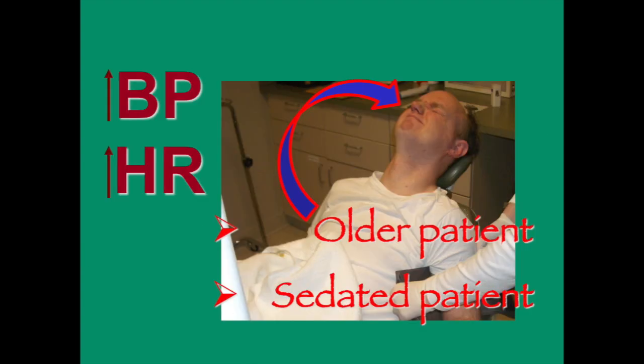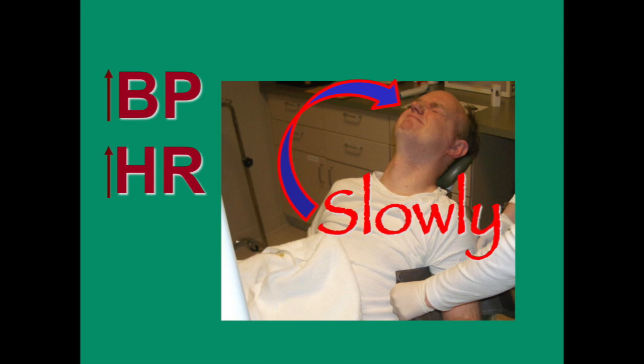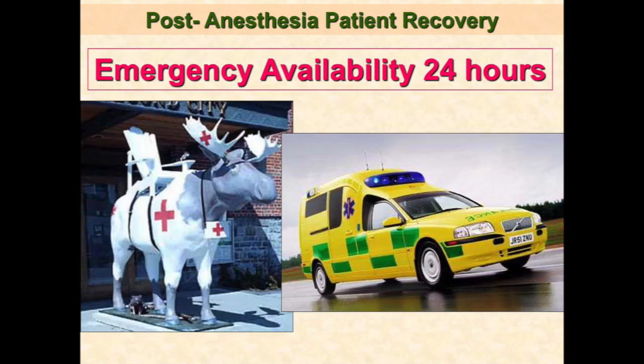So your older patient and your sedated patient are going to have blunted baroreceptors and will potentially have orthostatic hypotension, which can lead to them passing out or developing nausea and vomiting and possibly aspiration. So set the chair up slowly and in increments. And you have to be available for the patient in your office for the next 24 hours.